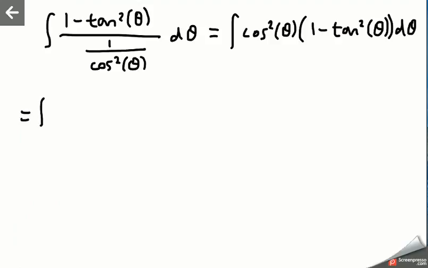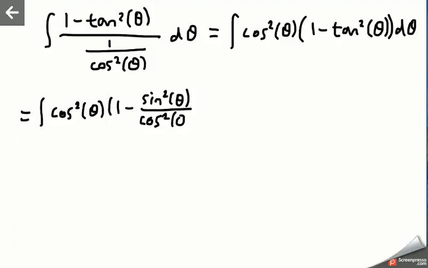this is equal to the antiderivative of cosine of theta squared times 1 minus sine of theta squared divided by cosine of theta squared, d theta.